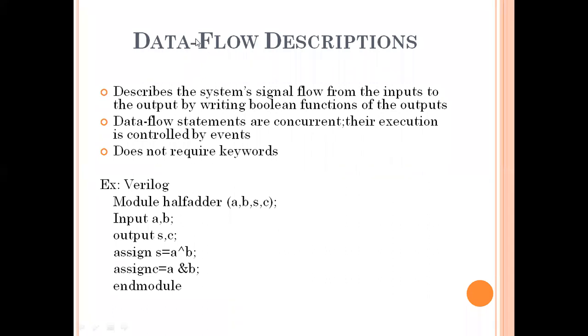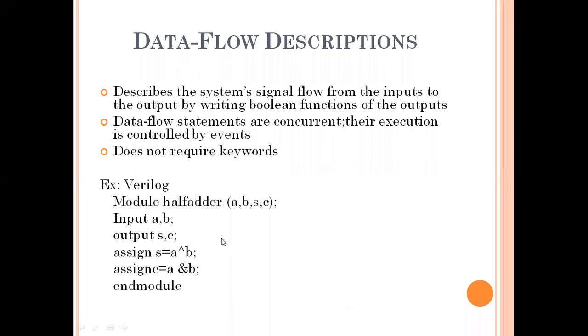In terms of the Boolean equation, you need that knowledge when you have to represent a digital circuit with the data flow description. So it describes the system signal flow from the input to output by writing the Boolean function of the output. Data flow statements are concurrent; their execution is controlled by events. It does not require keywords.